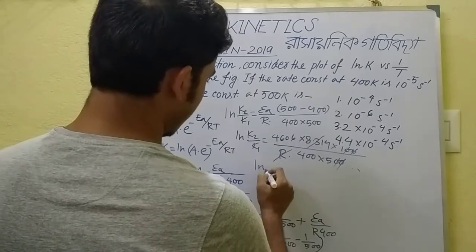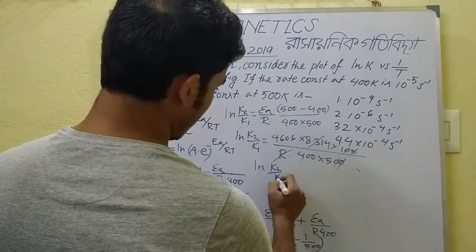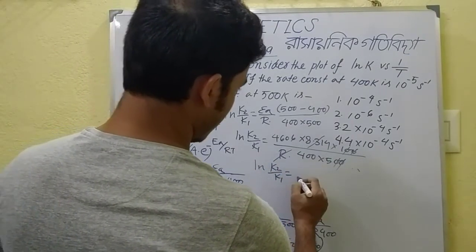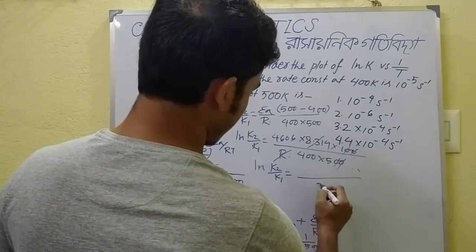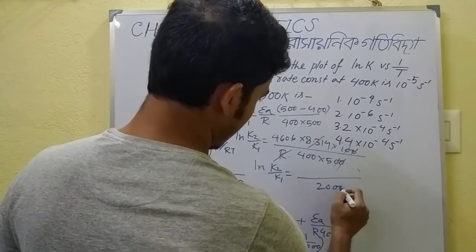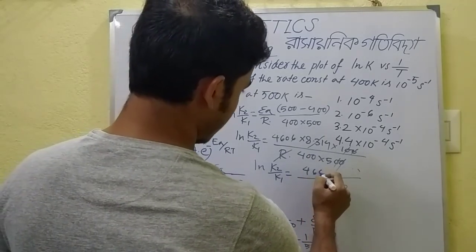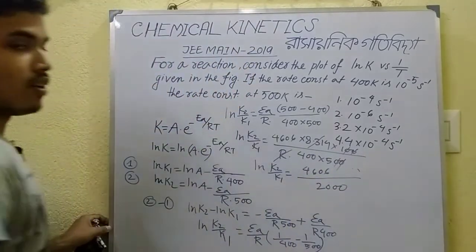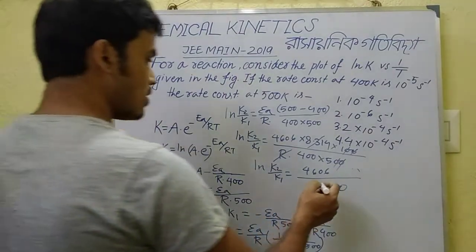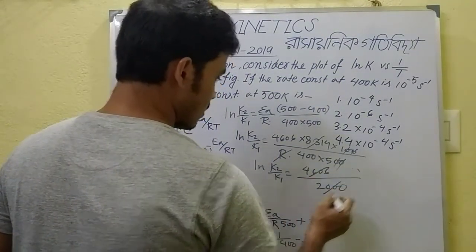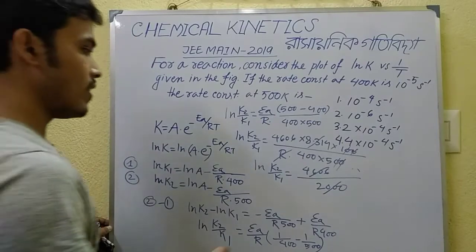Now ln K2 by K1 is equal to 5 4 the 20 and 20, and above is 4606. Okay, now you just cut these two terms and calculate.